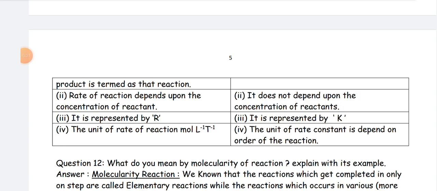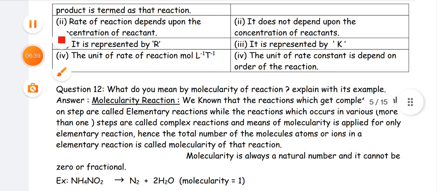Before the study of order of reaction, all of you must study the molecularity of reaction. What is molecularity? You know very well, in chemistry there are two types of reactions: elementary reactions and complex reactions.